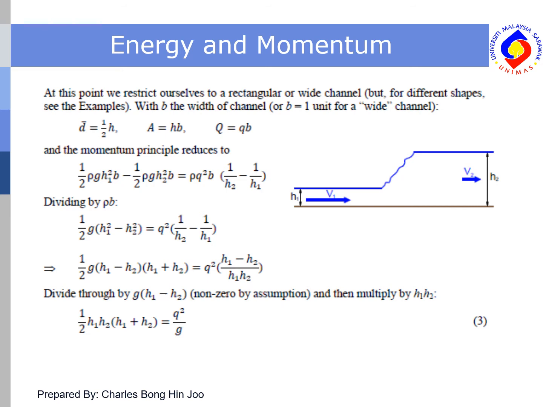If we divide all by rho b, then we can simplify further by dividing with g times h1 minus h2. We can get the expression as in equation 3.